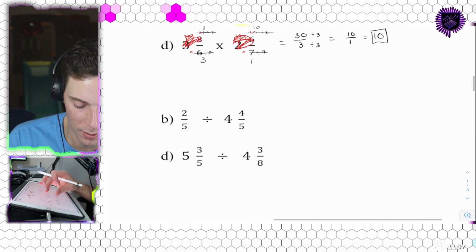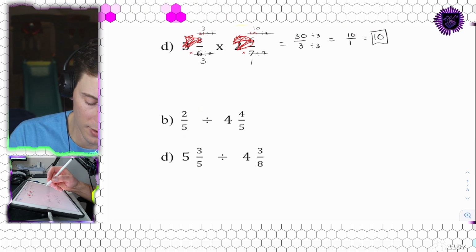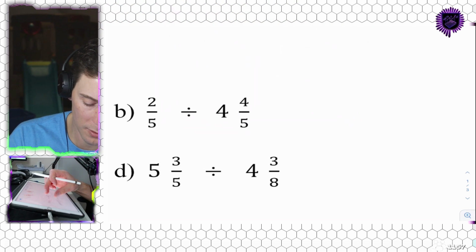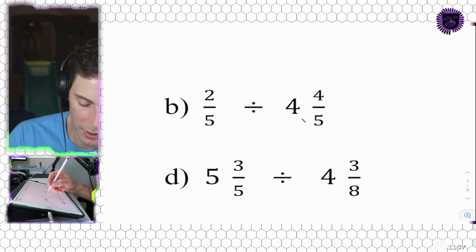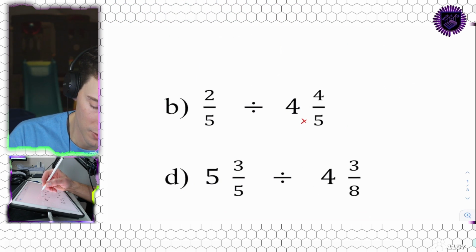6B. 6B is the same type of problem here. Multiply 20 plus 4, 24.